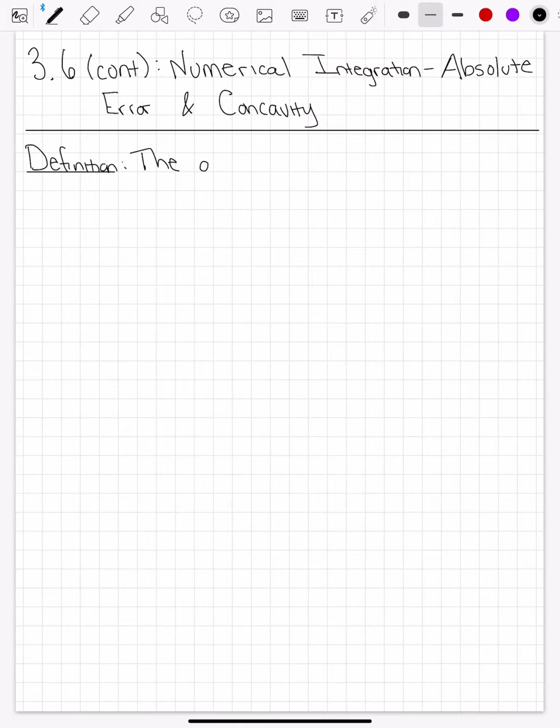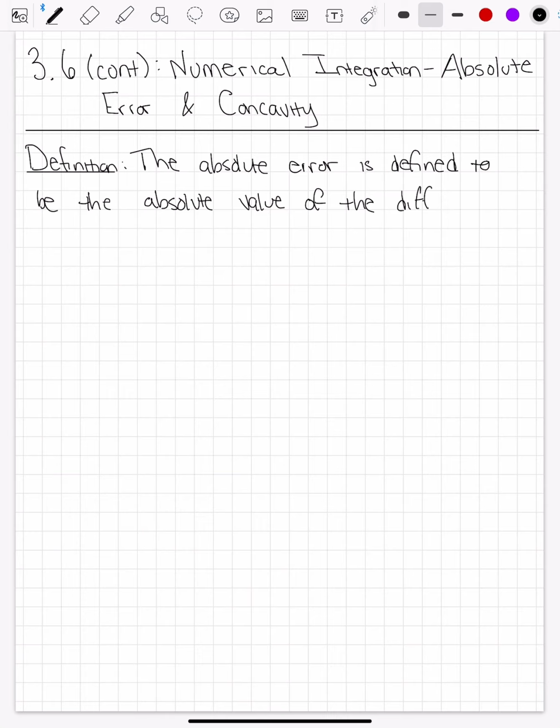So the absolute error is defined to be the absolute value of the difference between the approximation, right, with the numerical integration technique, whether that's Riemann sums or trapezoid rule or midpoint rule or Simpson's rule, and the actual value of the definite integral.